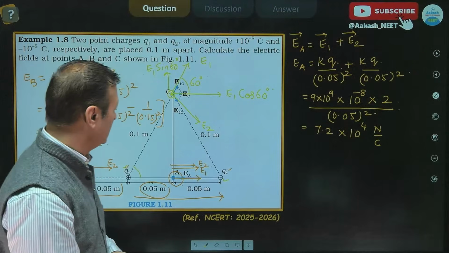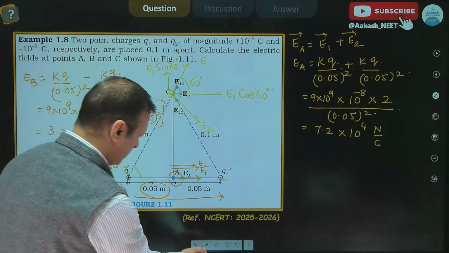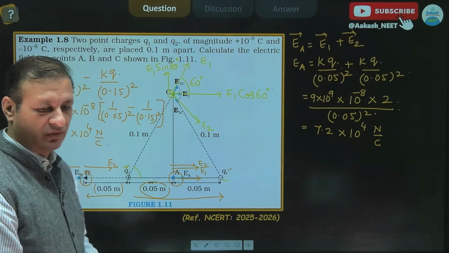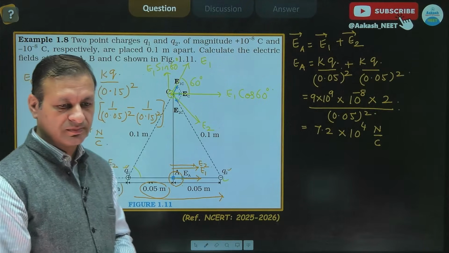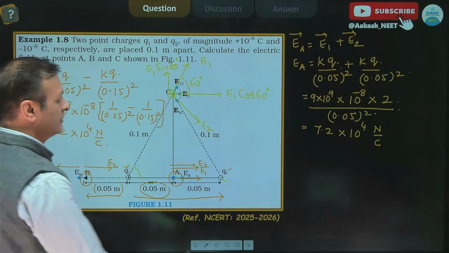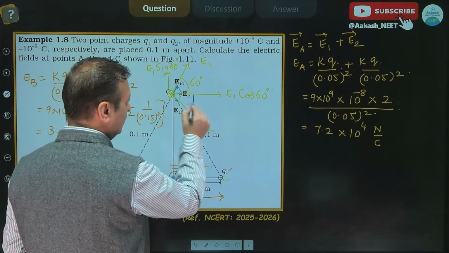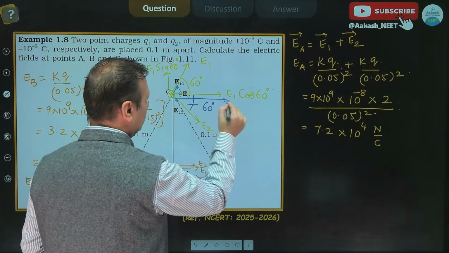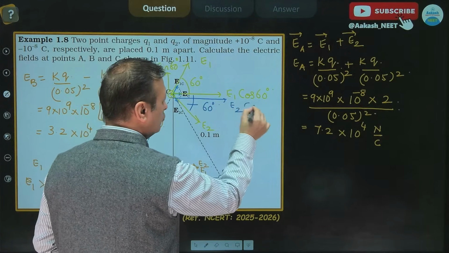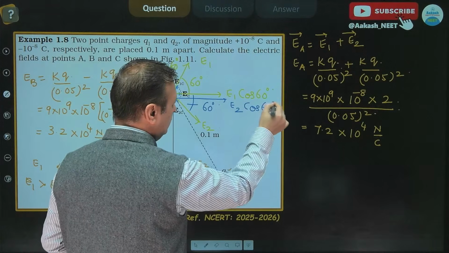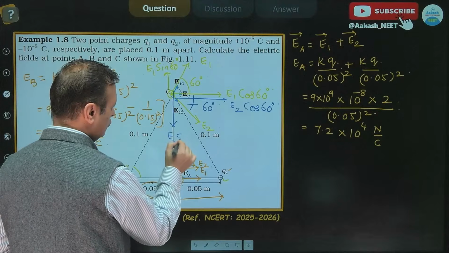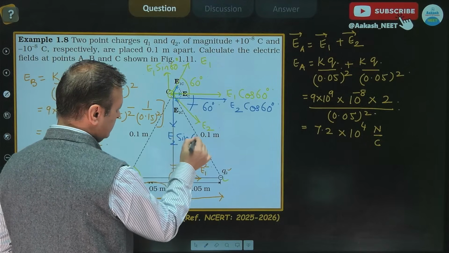Is this visible clearly, or shall I make use of some different color, if you are okay with this? Now similarly, if you split E2, this angle is again 60 degrees. So this is E2 cos 60, and this is E2 sin 60.